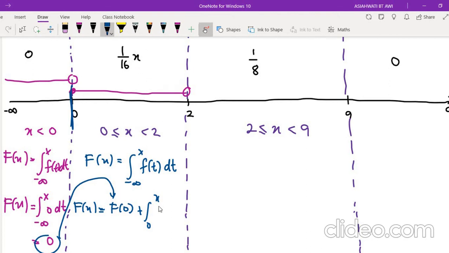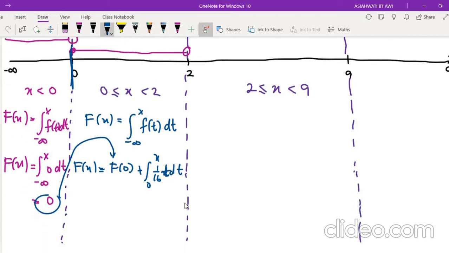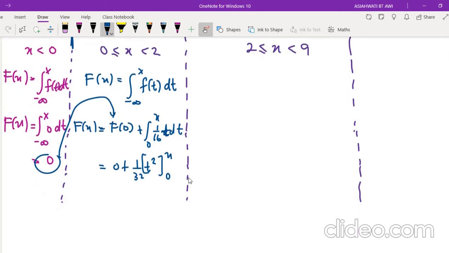The function is 1 over 16 t, with respect to t. We use the parameter t. Then this is 0 plus the integral, giving t squared over 32. Substitute the limits from 0 to x. Then the answer is 1 over 32 x squared.